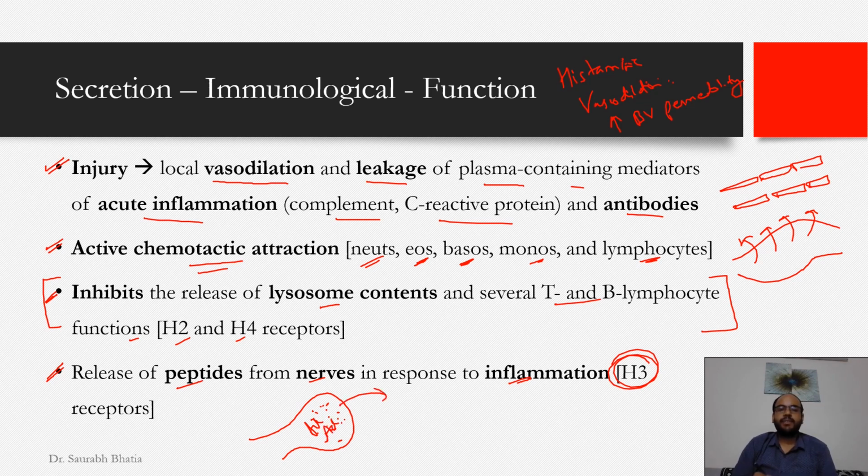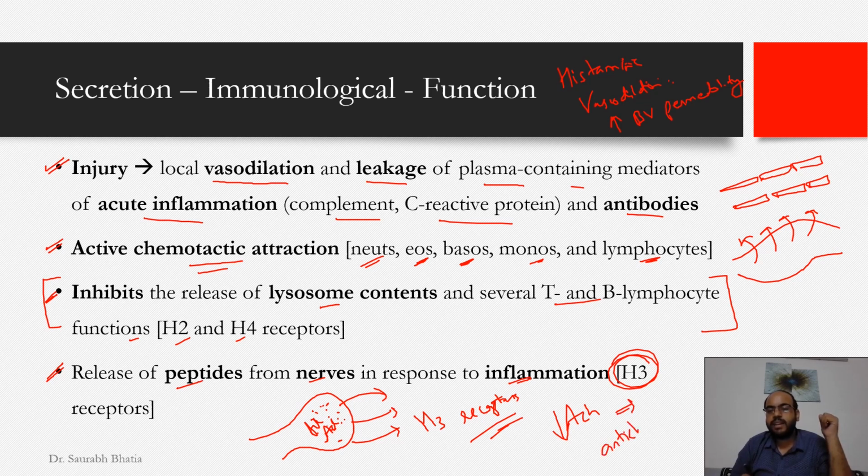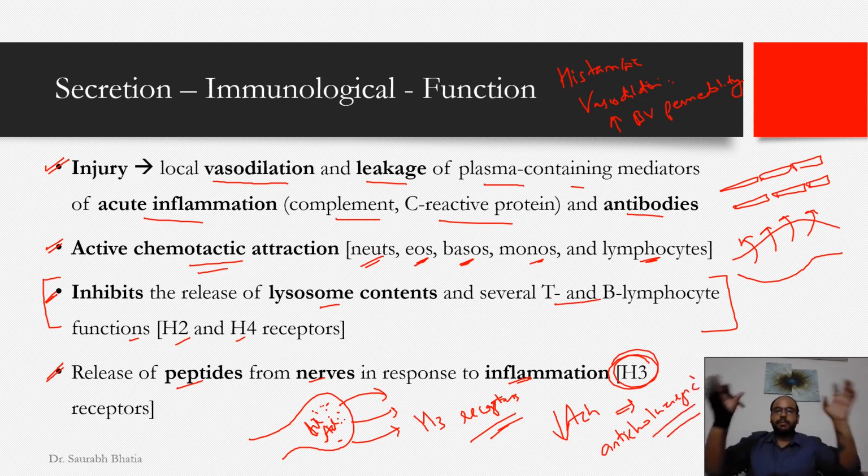Histamine leads to release of these neurotransmitters, and this release is mediated by the H3 receptors. So when you use antihistamine, the level of acetylcholine is decreased, and this leads to the anticholinergic side effects of antihistamine.